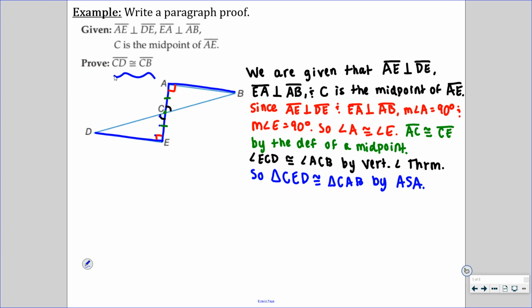They asked me to prove that CD is congruent to CB, which now that the triangles are congruent, we know all corresponding parts of congruent triangles are congruent. So therefore, those are congruent by the postulate I just said, CPCTC. There's a paragraph proof. Super fun, right?